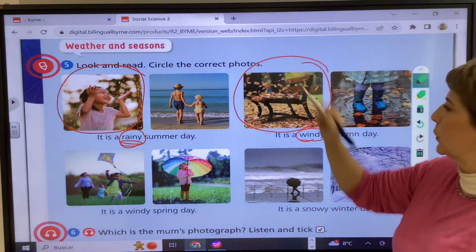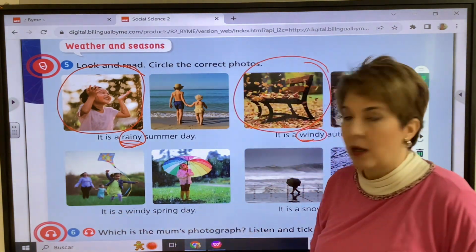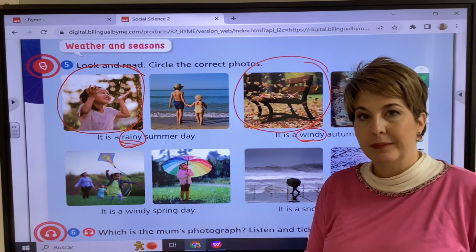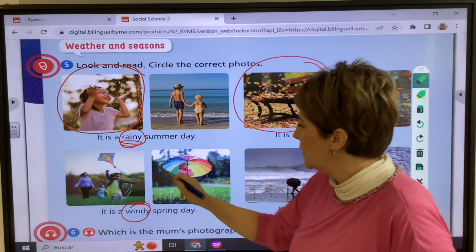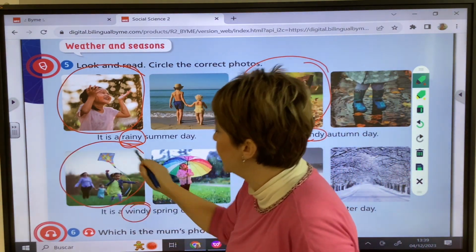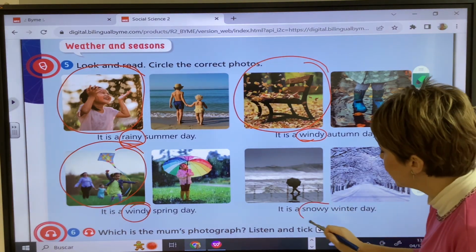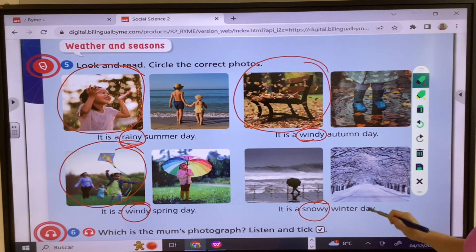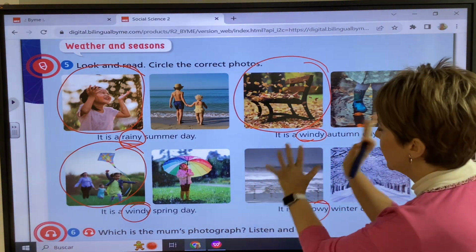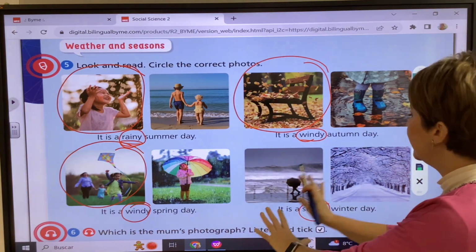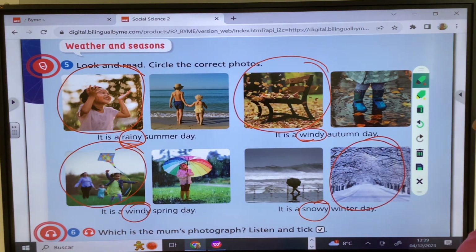So we have to circle this one. It is a windy spring day, which is the key word? Again, windy. It's a windy spring day, so you are flying your kite. And the last one, the key word is snowy. It's a snowy winter day. Winter here, winter here, but this is rainy and windy, and this is snowy. So we have to circle snowy, okay?